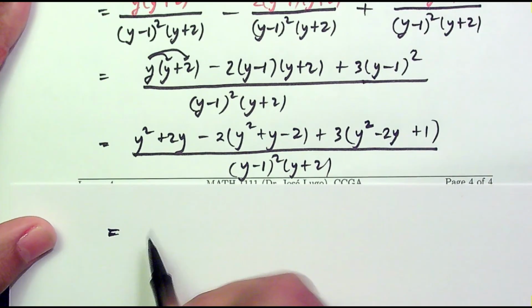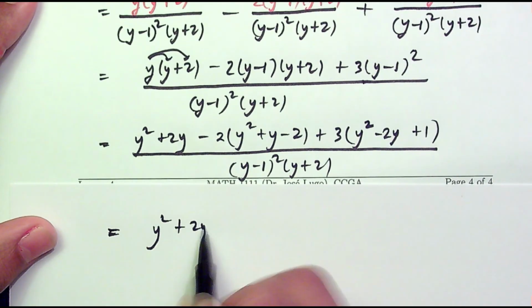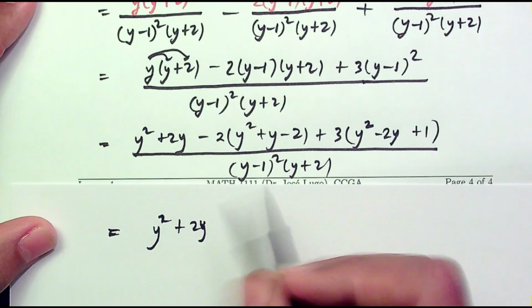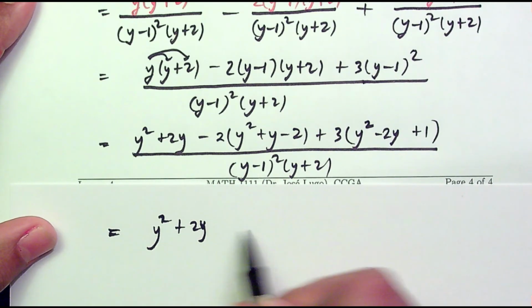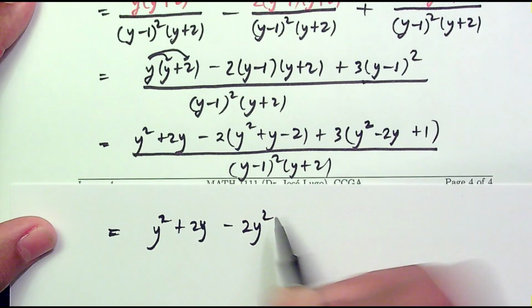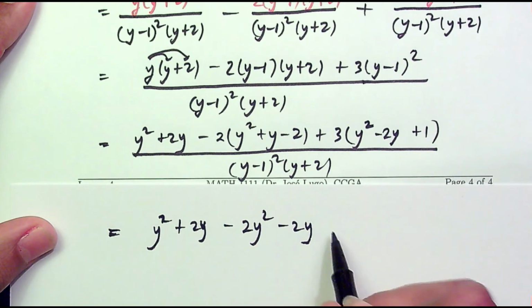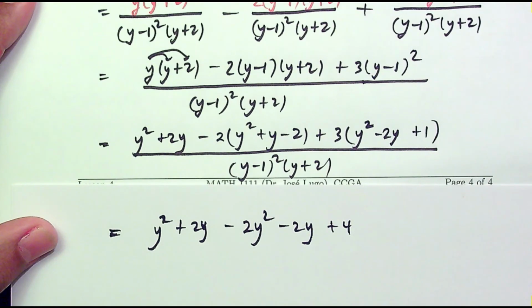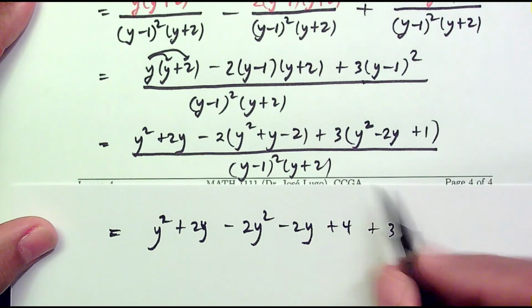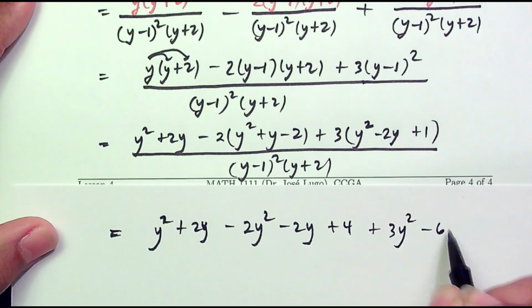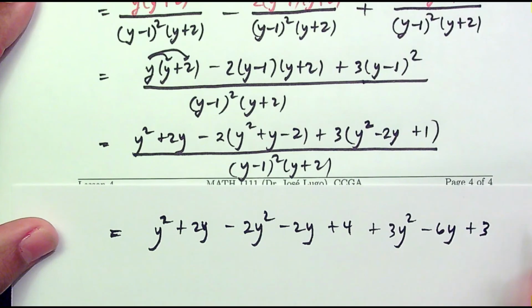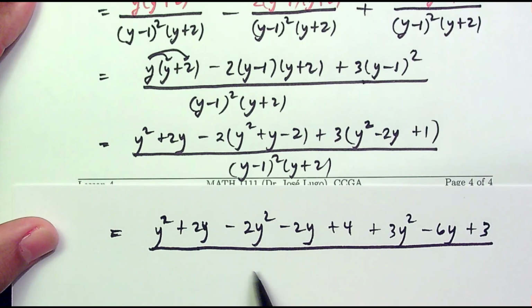Okay, distributing the 2, you're going to have minus 2y squared minus 2y plus 4, and then plus, distributing this 3, plus 3y squared minus 6y plus 3, over y minus 1 squared, y plus 2.